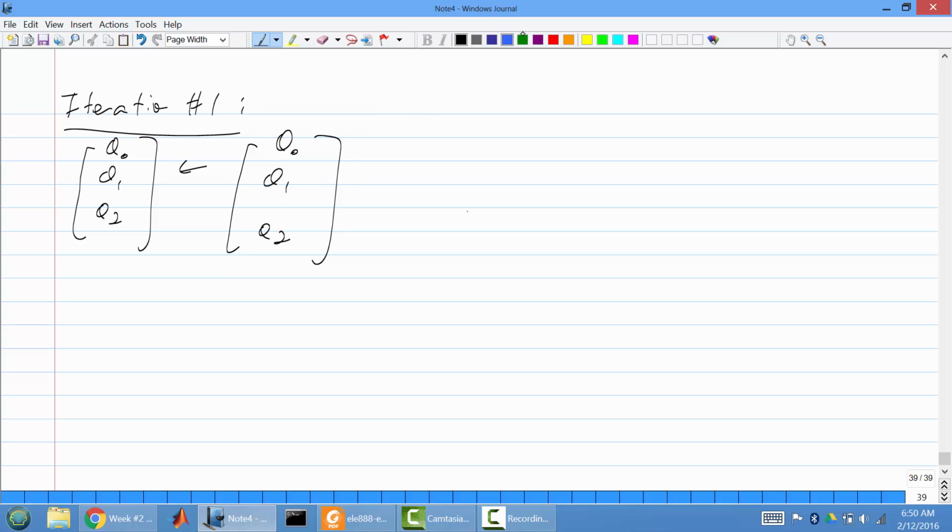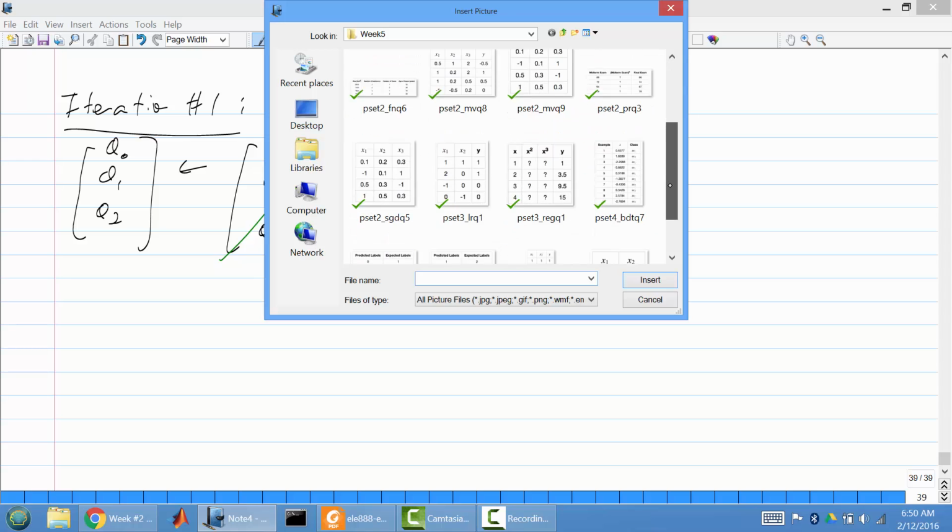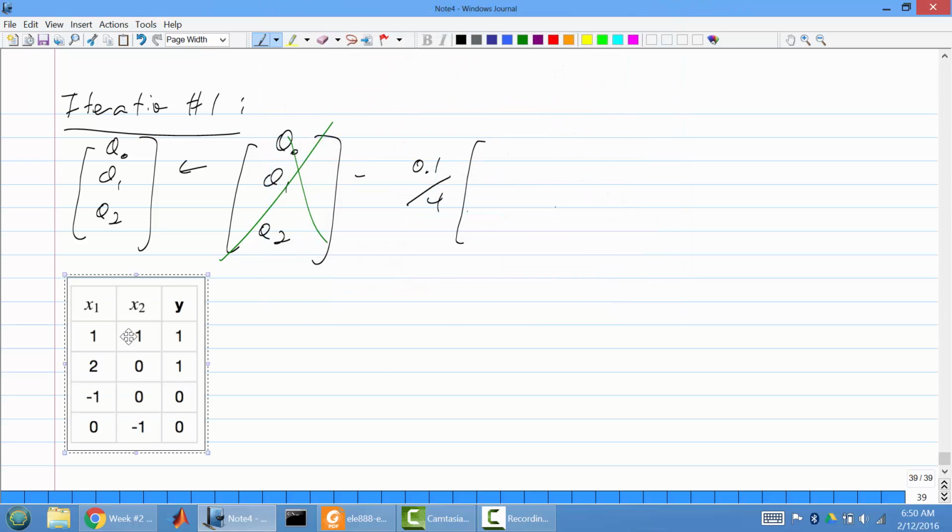These are all zeros. Okay, and then our learning rate was 0.1. Number of training examples was 4. And now we have to write the transpose of this matrix. So yeah, we'll leave this here.